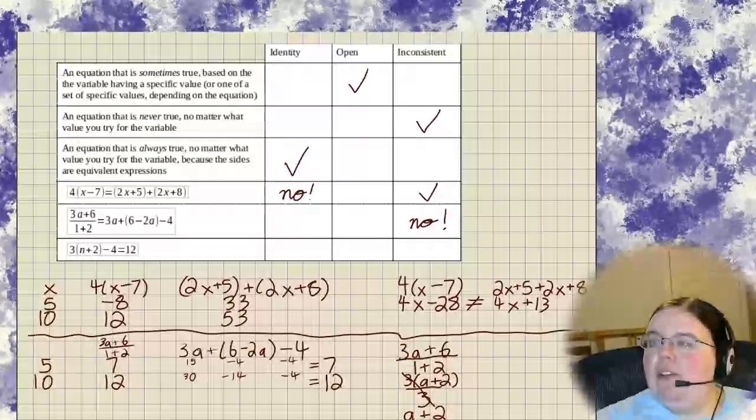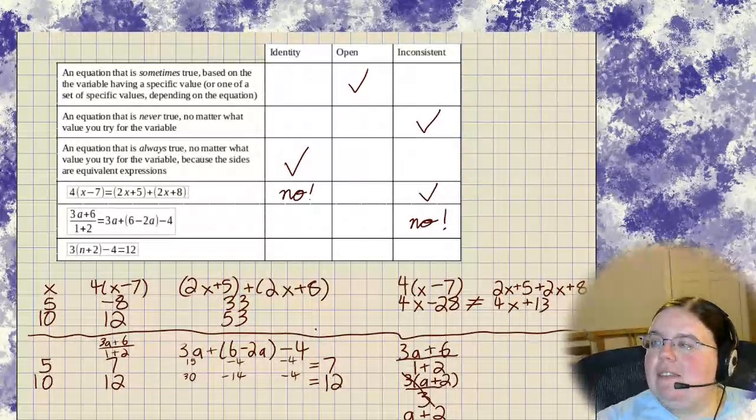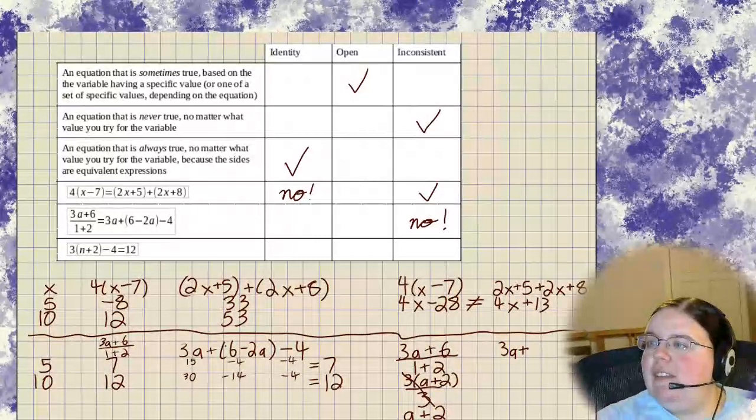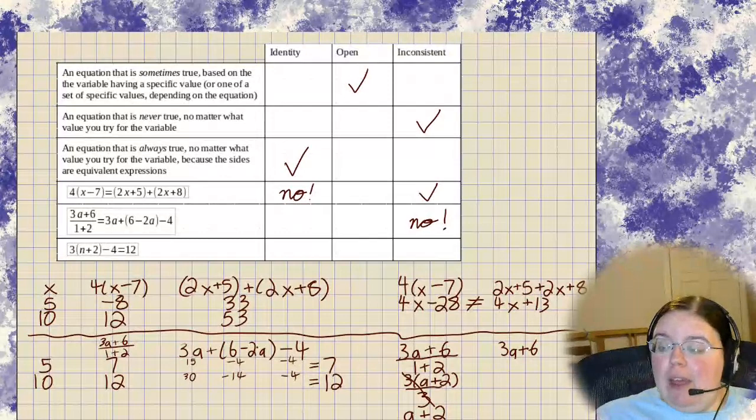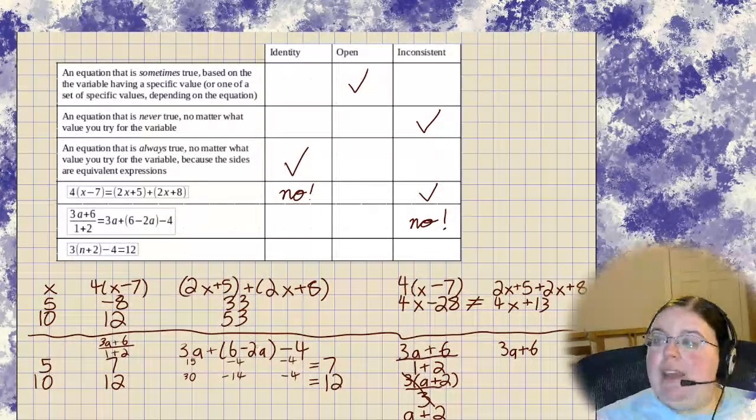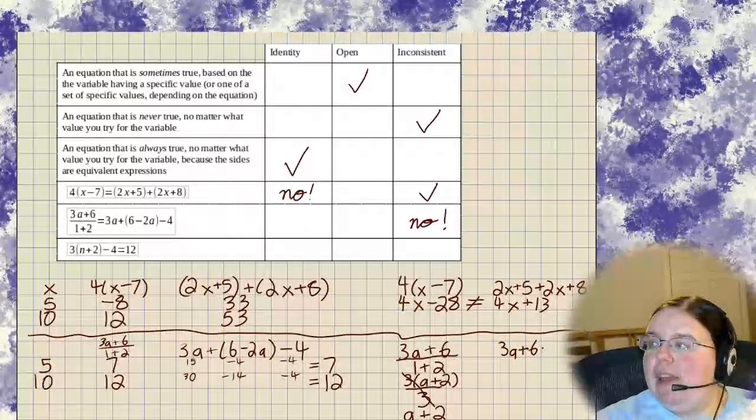Now let's take a look at the right-hand side. So let's see, we've got 3a plus, I'm going to go ahead and pop off these parentheses here, so plus 6, and then minus 2a. Now remember, even though this property is specifically about addition, we can say, well, that's like plus negative 2a.